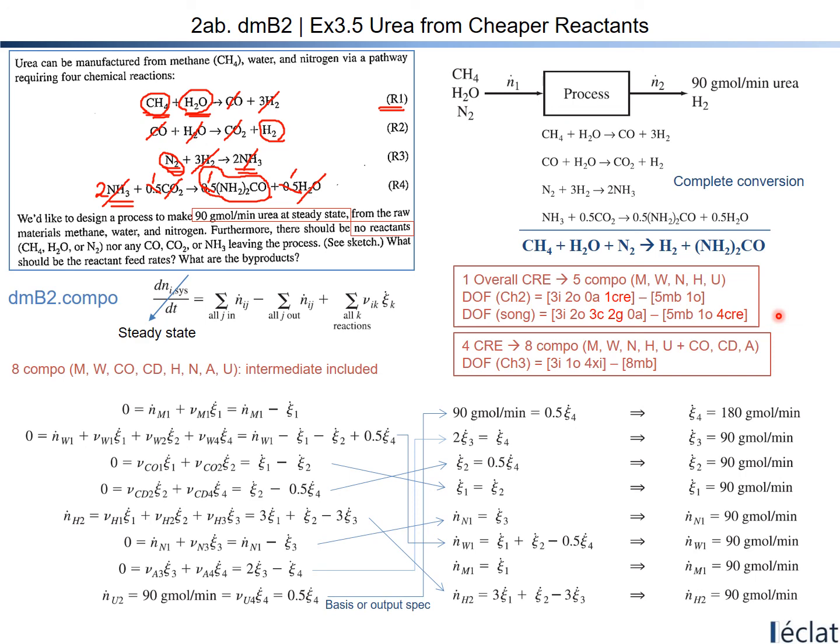At this chapter 3, you have learned about the extent of reaction Chi. Then I'd like to introduce one more method for counting the degree of freedom. And also, this degree of freedom method is based on the process calculation for this example.